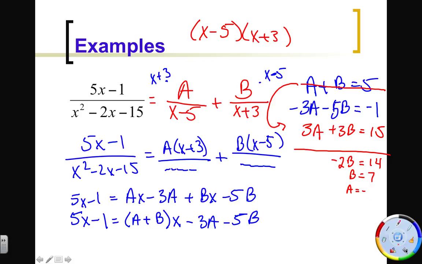So I can go back to my original question, and I can rewrite this with A as negative 2 and B as 7. And that would be my final answer.